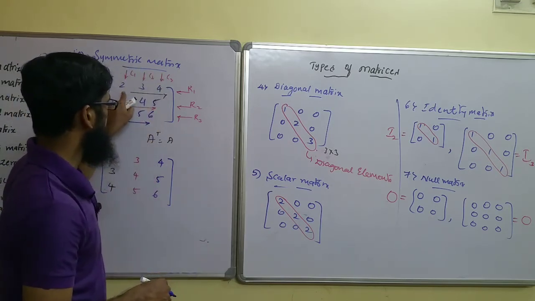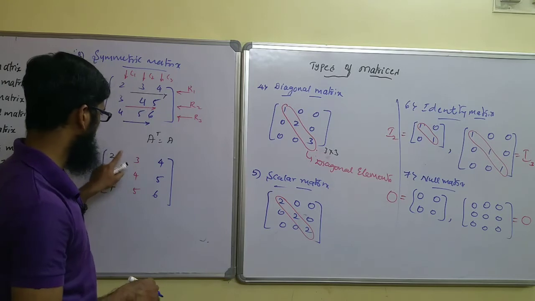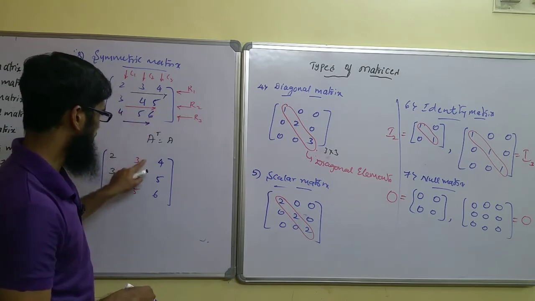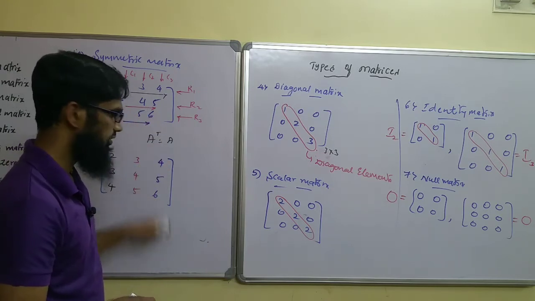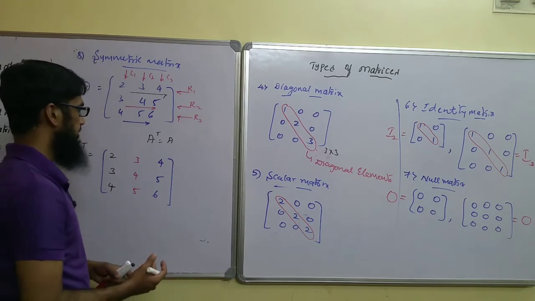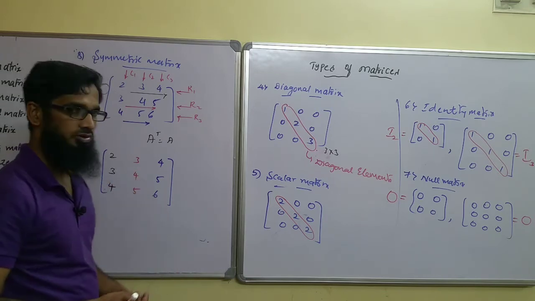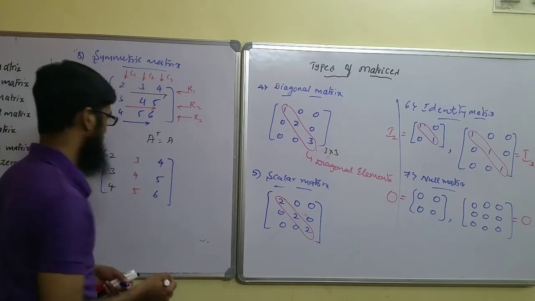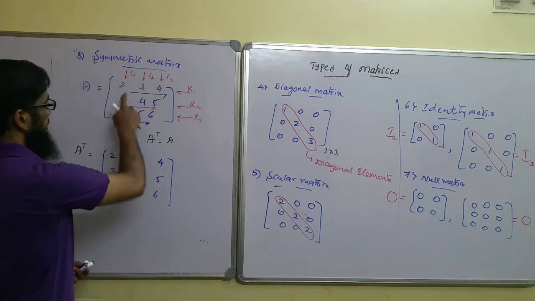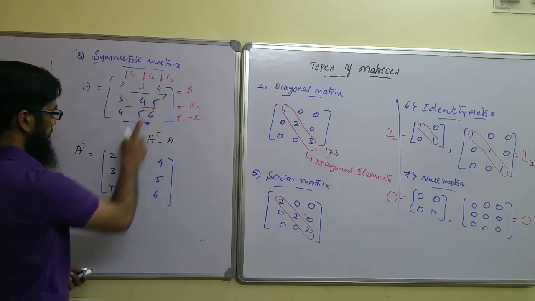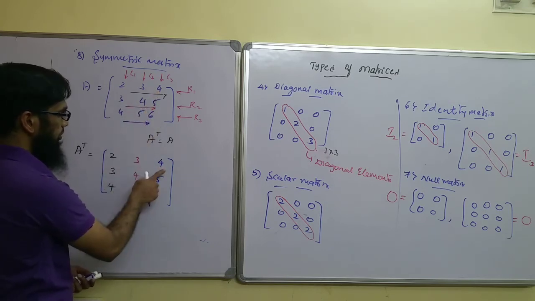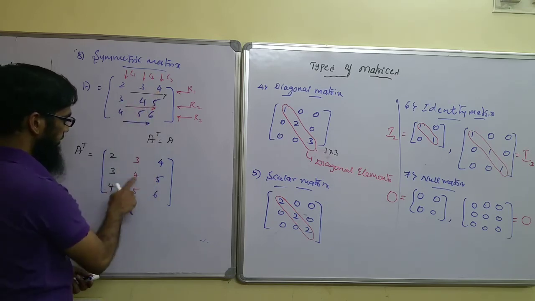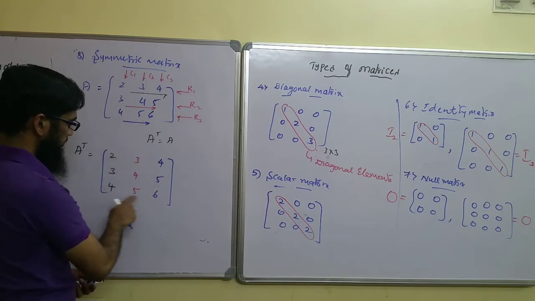So this changes the first row to the first column, second row to the second column, third row to the third column. Now if we compare, if both matrices are the same, in that condition this matrix is called a symmetric matrix. Now we'll compare here: 2 3 4, here also 2 3 4, 3 4 5, 3 4 5, 4 5 6, 4 5 6.